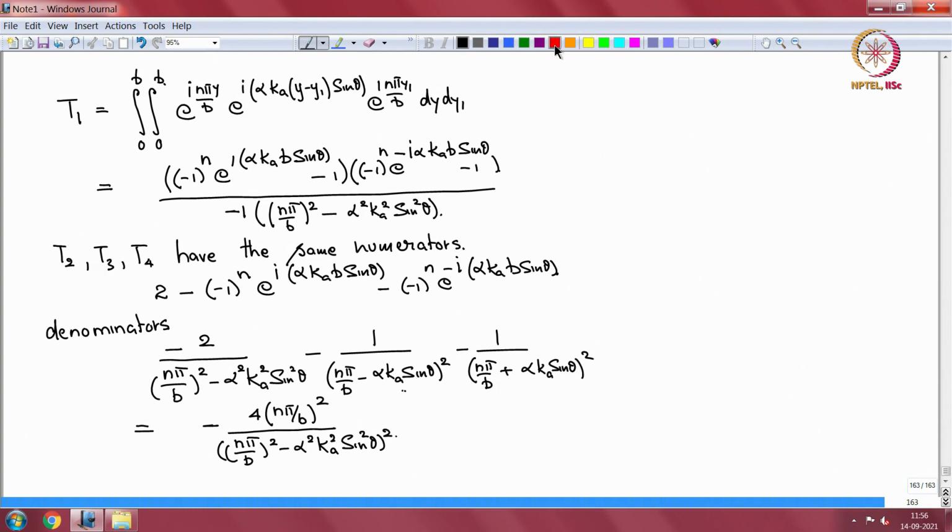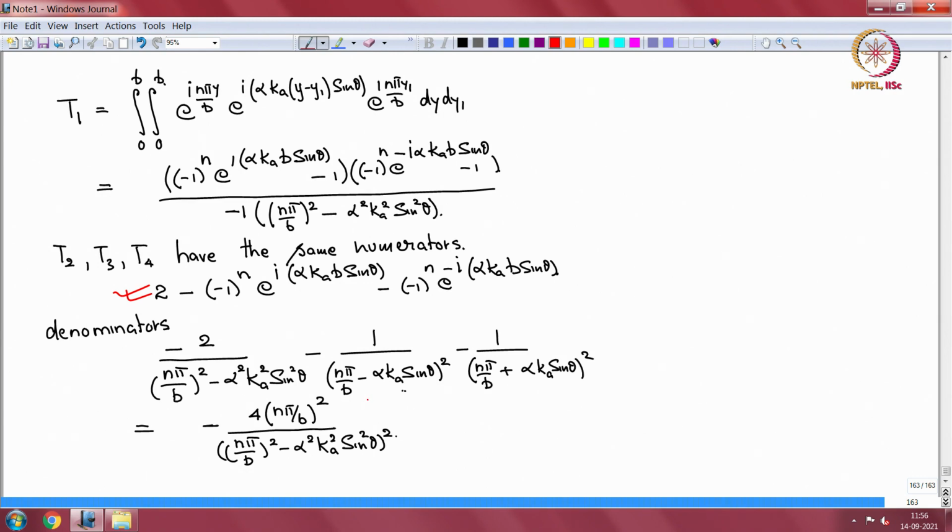Okay, so to this denominator, this numerator must be put in front. So if we put the numerator also in front, what do we get?